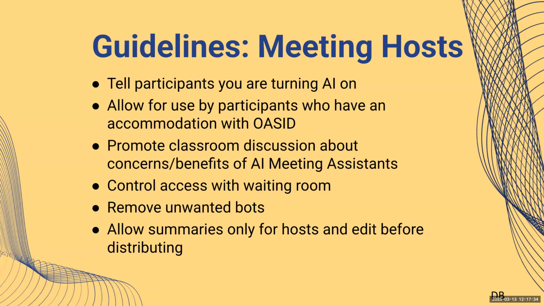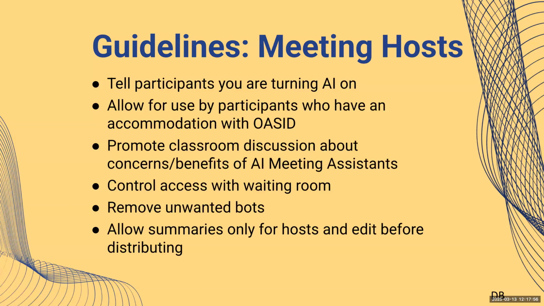So if you decide that you don't want a meeting assistant in your room, Otter is an example that we have here at TC. As I said, anybody can get Otter. It doesn't necessarily mean it's somebody with an accommodation. There are other AI meeting assistants out there.